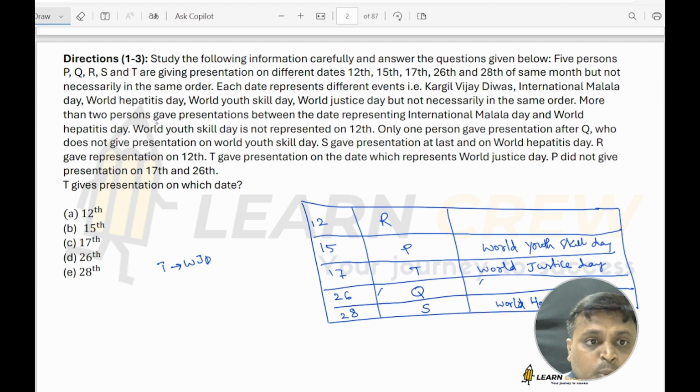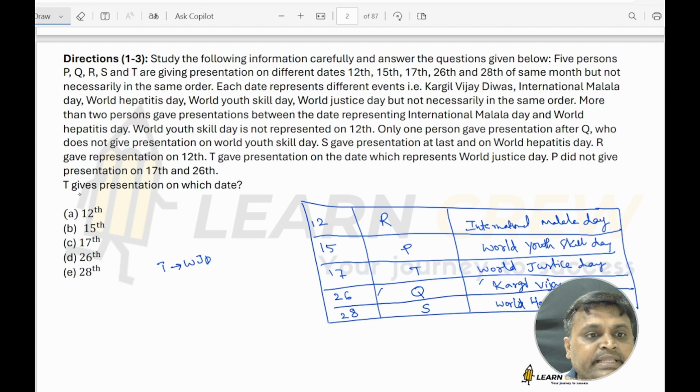Now more than two persons gave presentation between the date representing International Malala Day and World Hepatitis Day. More than two persons, so at least three. So it has to be International Malala Day, and the remaining is Kargil Vijay Divas. This is the arrangement.